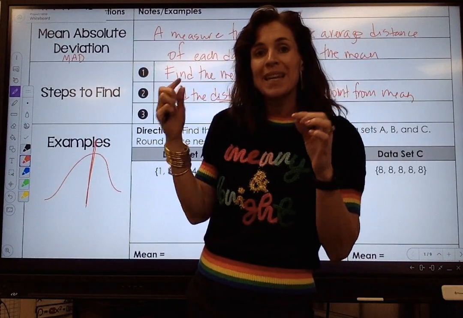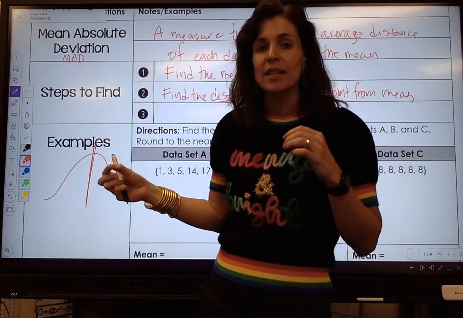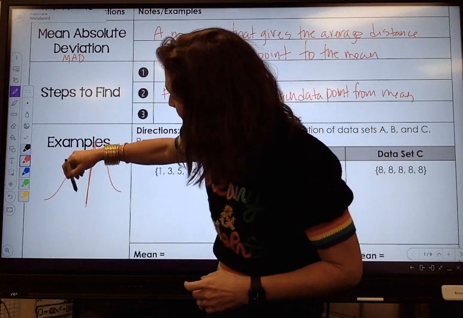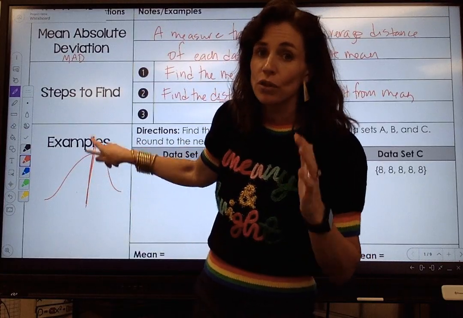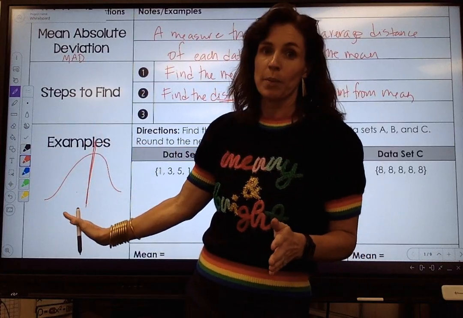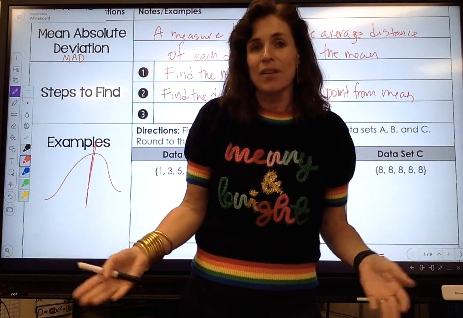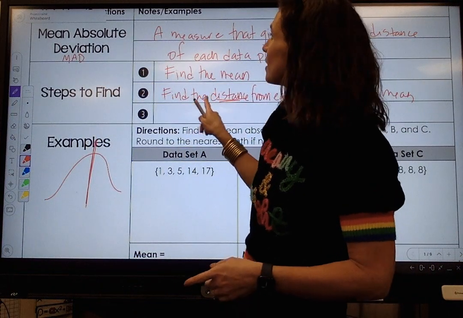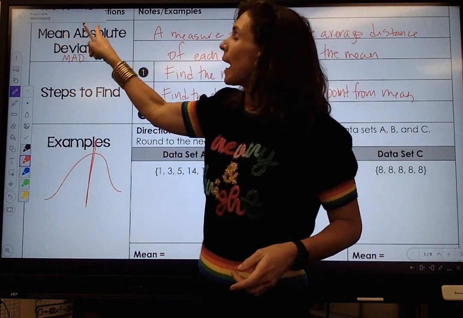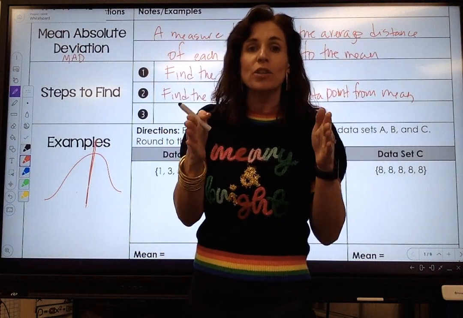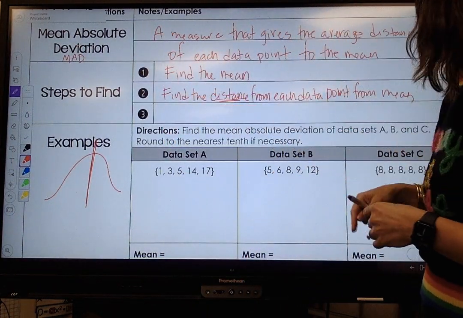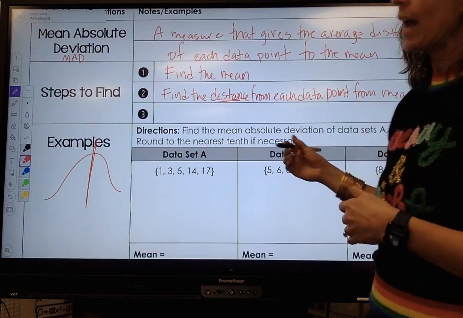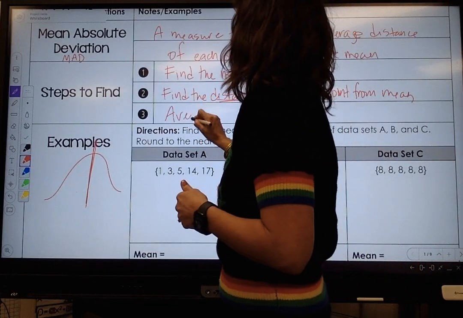So what the mean absolute deviation does is it takes the data points and it measures the distance from the mean to the mean of our sample population. And distance can't be negative. So that's why we use the word distance, and that's why we use mean absolute, because it's the absolute value distance from the mean. So we're going to find the distance from each data point from the mean, and then we average those distances.